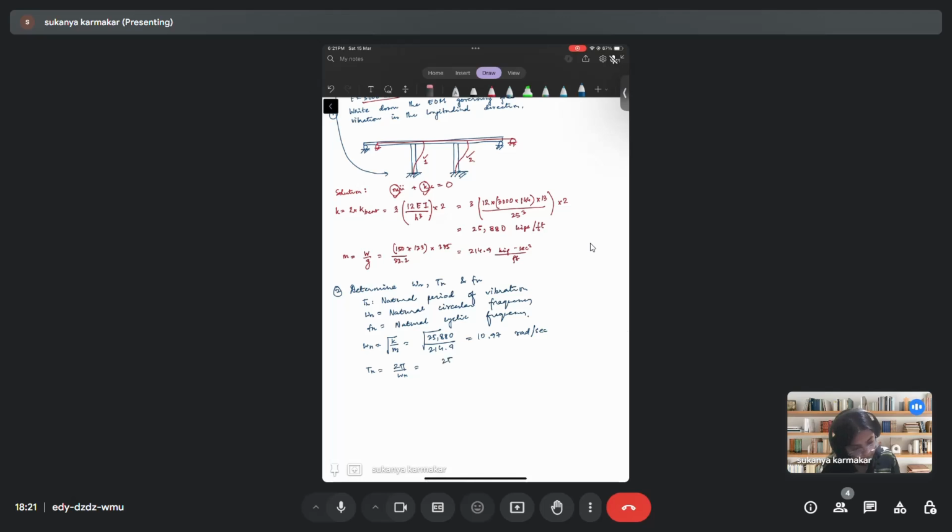So 2 pi by 10.97. So this is equal to 0.573 seconds. And what is Fn? Fn is 1 by Tn. So 1 by 0.573 is 1.75 hertz. Very straightforward. So from this question, we understood how to calculate the stiffness and mass. So moving to the next question.